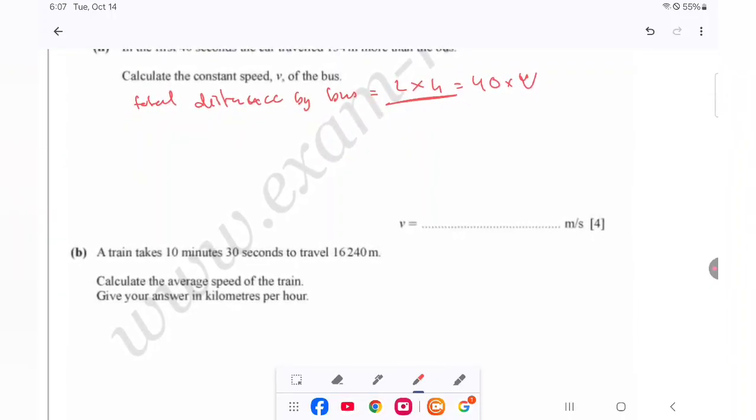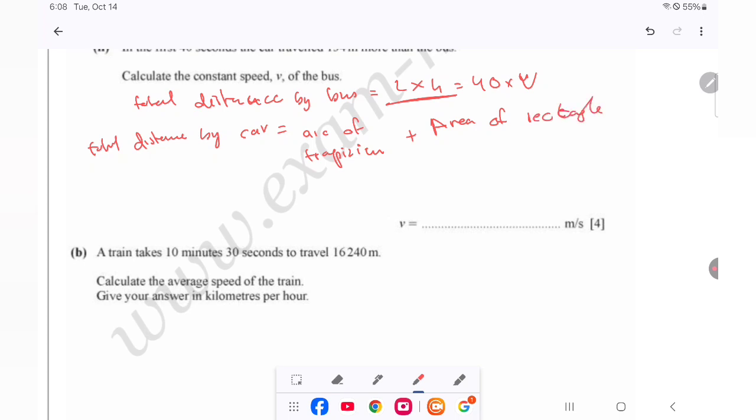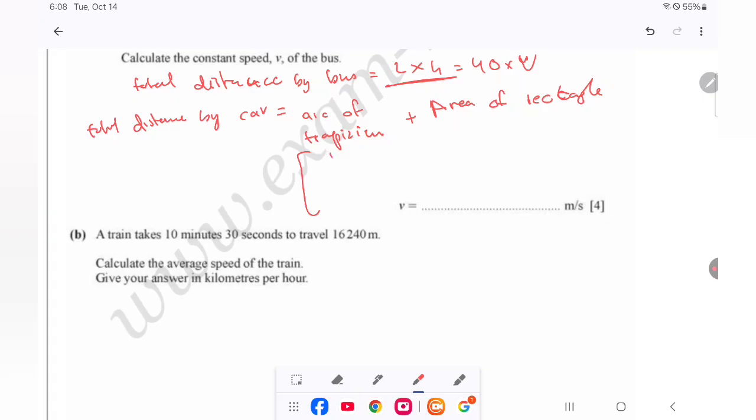Now the total distance by car is equal to the area of the trapezium plus the area of a rectangle, and the formula of a trapezium is half the sum of parallel sides multiplied by height, plus the formula of a rectangle is length into breadth.